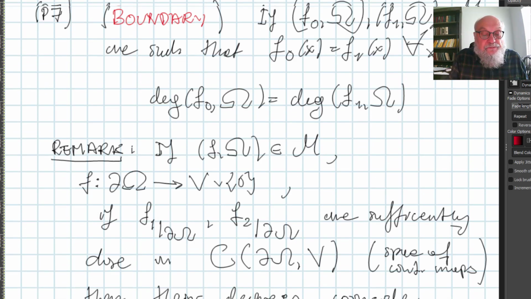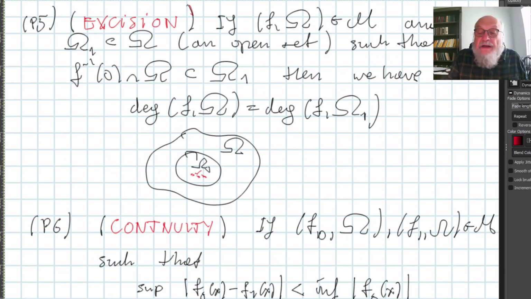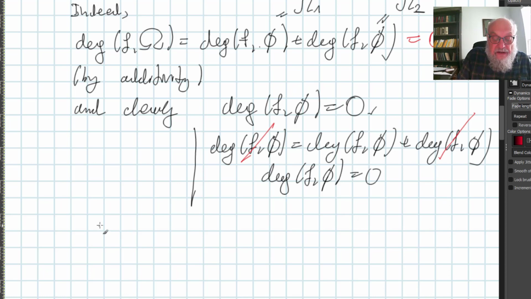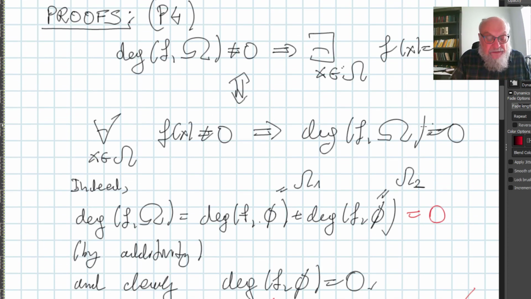Done. And of course, the excision is also trivial because now we can write the excision. So now the excision, so this is P5, sorry, P5.